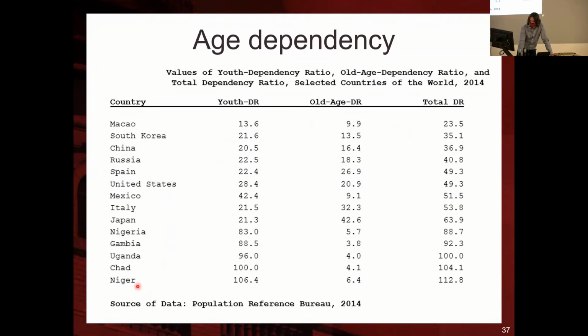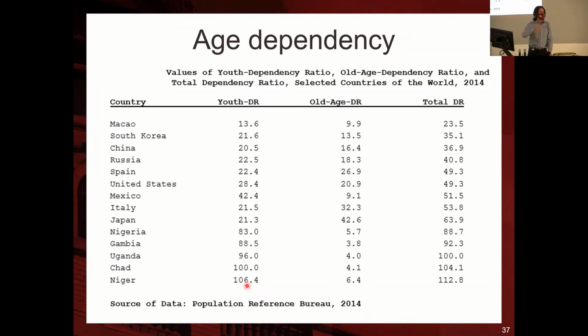So for example, here in Niger, Chad, Uganda, Gambia, Nigeria as well, the youth dependency ratios are really high, right? So we are saying that we have a lot of children in those places in comparison to people in working ages. In Niger, for example, we have actually more children between 0 and 14 compared to people between 15 and 64.